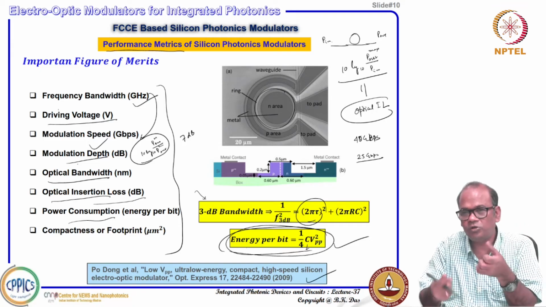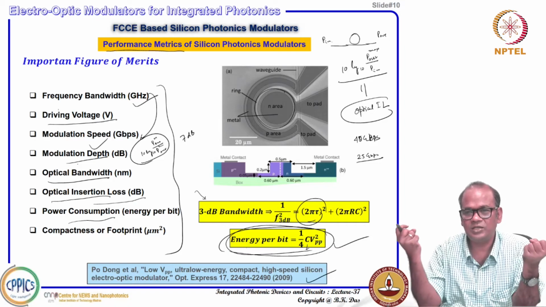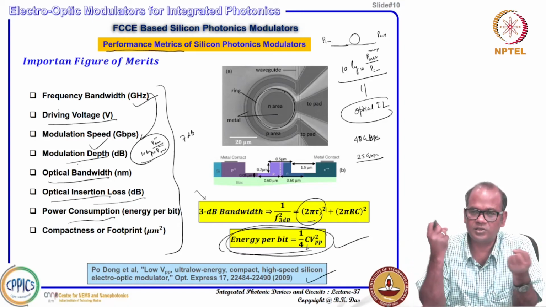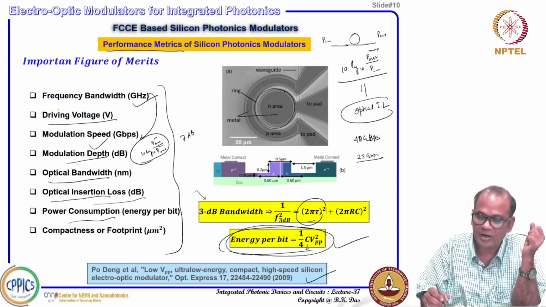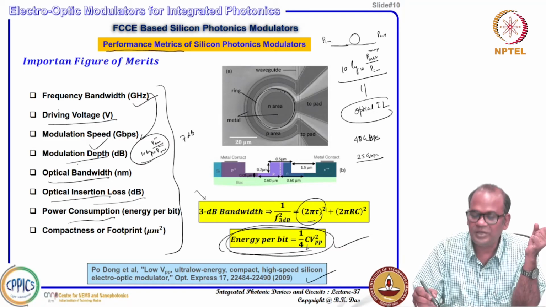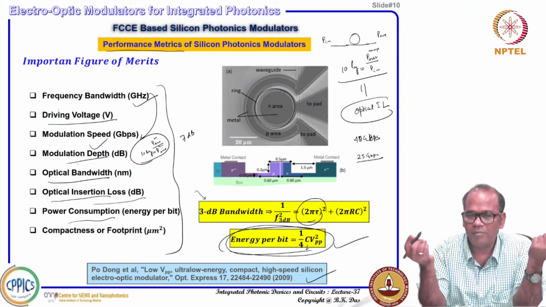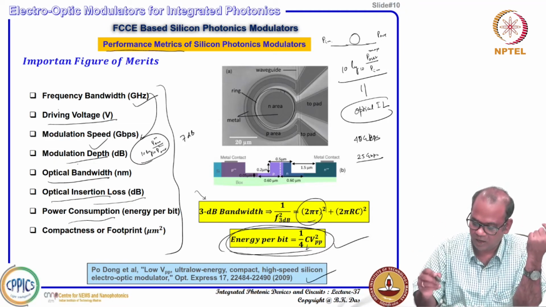Whenever you are driving, two things you need to take care of: how fast the carrier concentration is changing, and how fast the light stored inside the ring resonator is being drained out. So two factors control the optical bandwidth of the output.